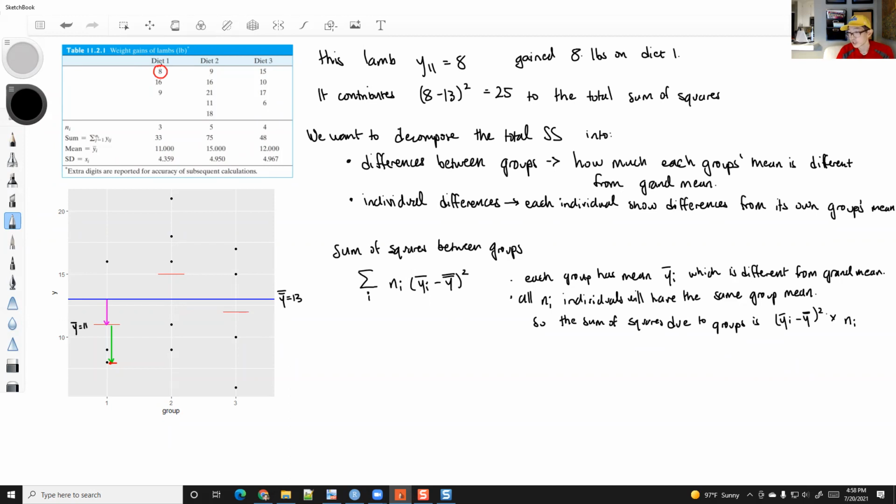We take each group mean and its squared difference from the grand mean, and multiply by the total number in that group, n sub i. Then we look at the sum of squares within a group.